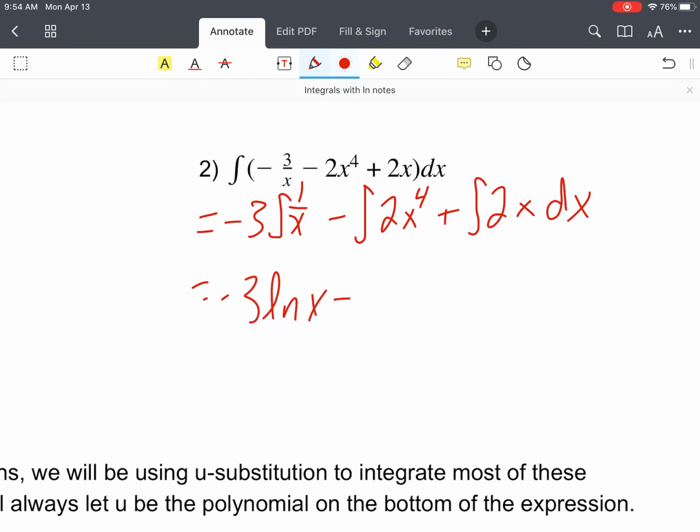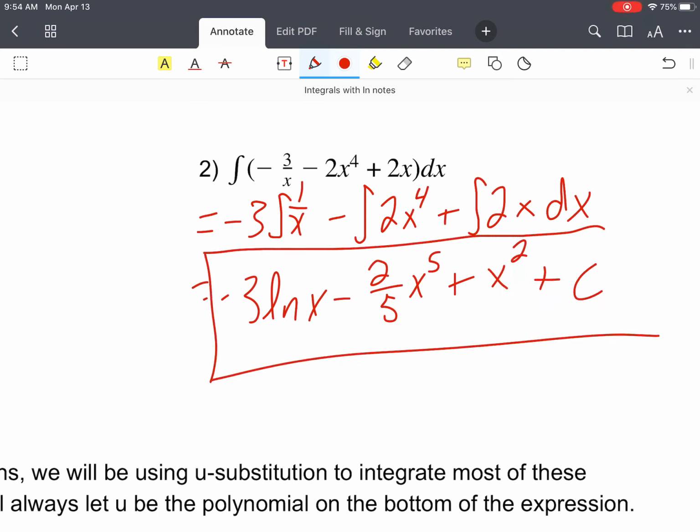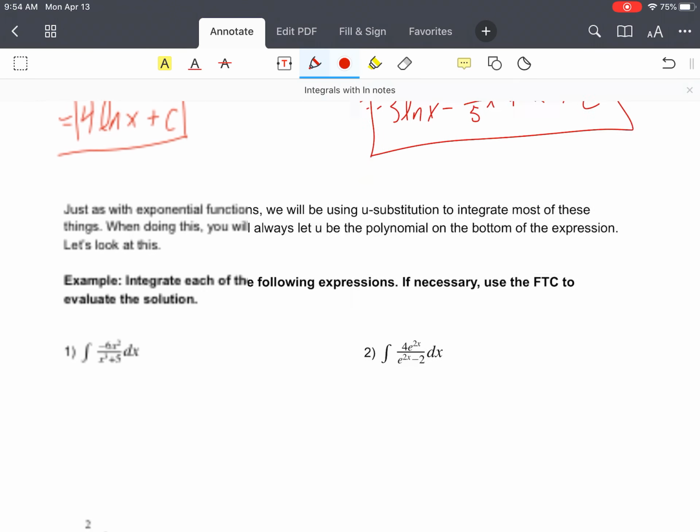So that's going to be negative 3 ln x minus, raise and divide, so that's 2/5 x to the 5th, plus raise and divide, that's just going to be x squared, plus c. The takeaway from those first 2 examples is that if I just have the integral of 1 over x, that's going to be ln x.